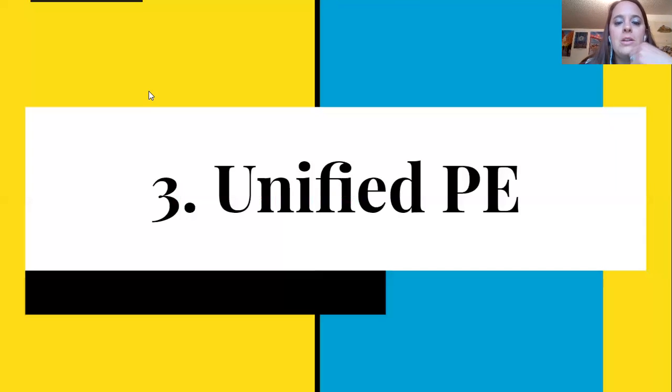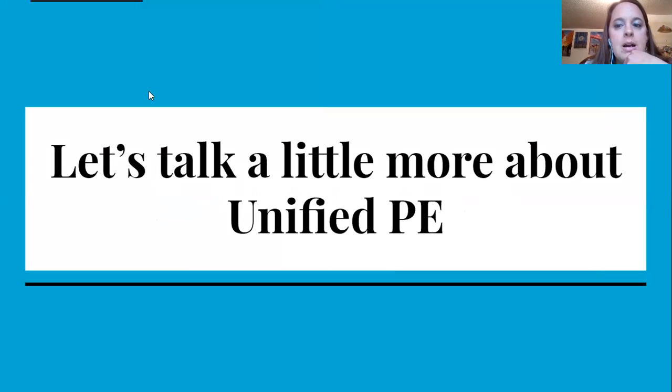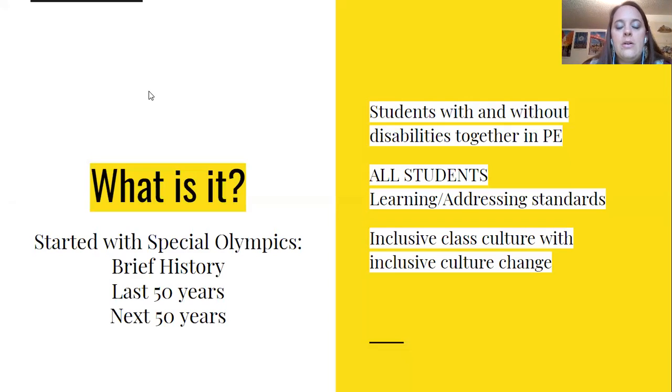So anyway, I'm going to talk about unified PE. So unified PE, what is it? For those of you who are familiar with Special Olympics, just a really quick brief history. In the last 50 years, we've gone from institutionalization to Eunice Kennedy creating Special Olympics because of her sister.